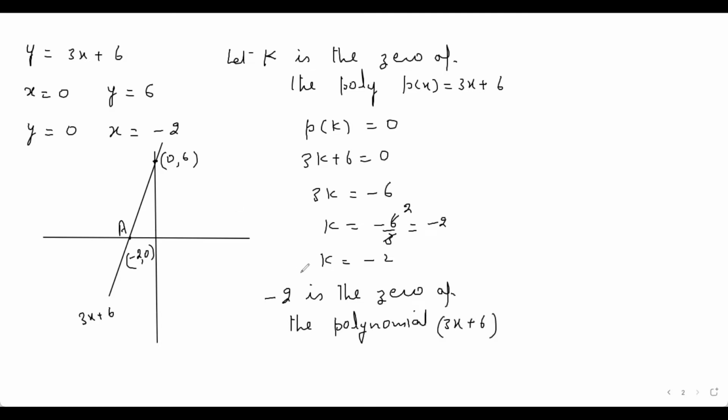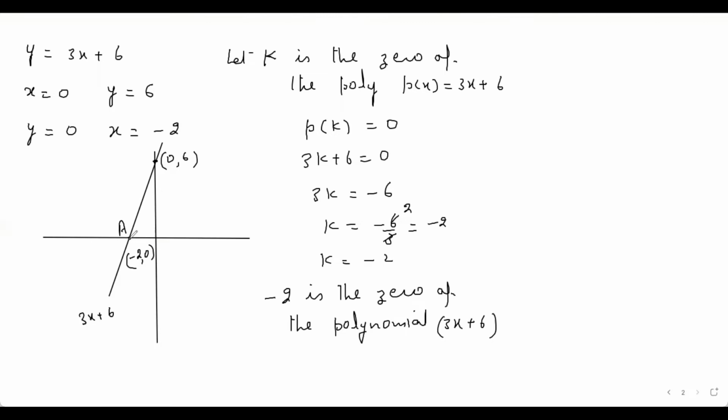Now, what we have seen here: minus 2 is the zero of this polynomial, and minus 2 is the x coordinate of this point A, where this polynomial 3x plus 6 cuts the x-axis.